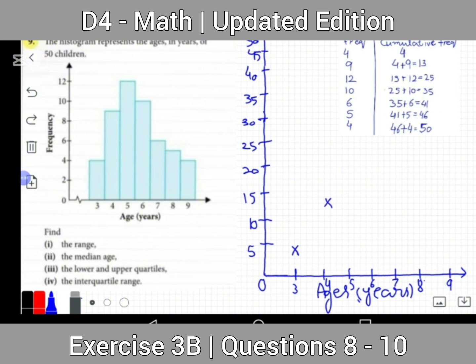For the class interval 4 to 5 we have the cumulative frequency 25, so it will lie somewhere here. For 6 we have the cumulative frequency 35, so it lies somewhere here.